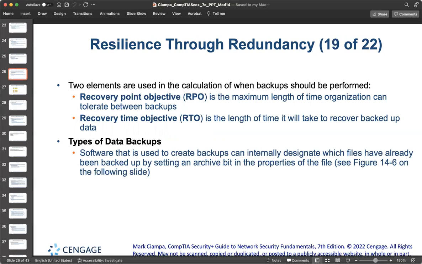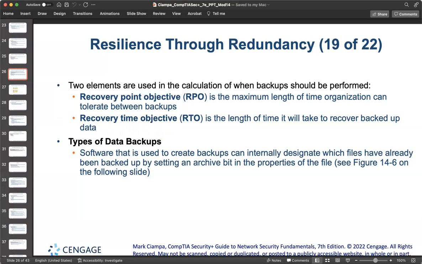Two elements are used in the calculation of when backups should be performed. First of all, you need to know your recovery point objective, which is the maximum length of time your organization can tolerate between backups. Remember, the key here is between backups, system changes.